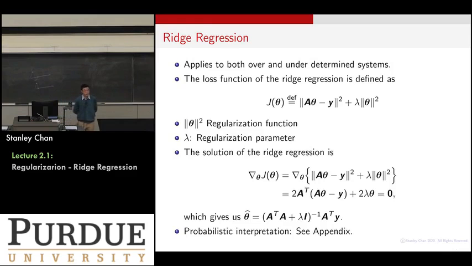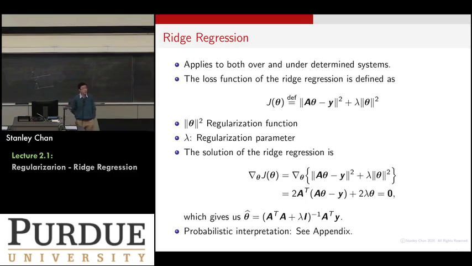So this is still a quadratic equation, and that means I can take the derivative and set it to 0, and I should be able to get a similar form as what we did last time. So let's do that, and you can see that in the derivation I'm showing you in the middle, there is indeed just taking the derivative, setting it to 0, and you get a solution.